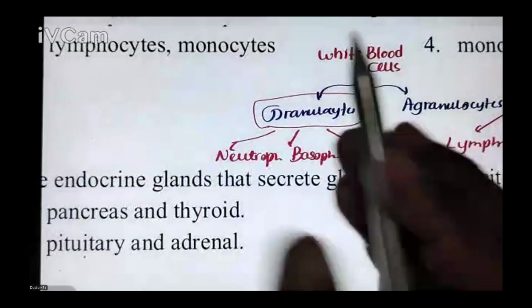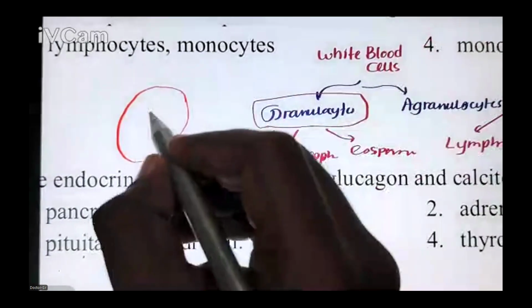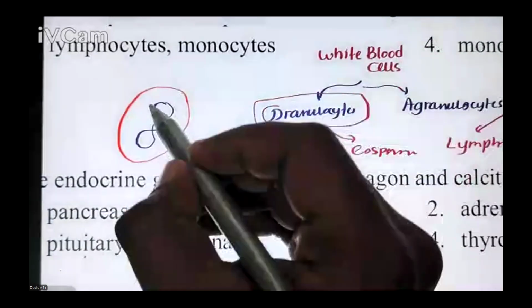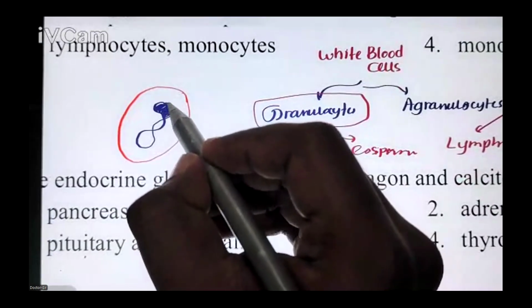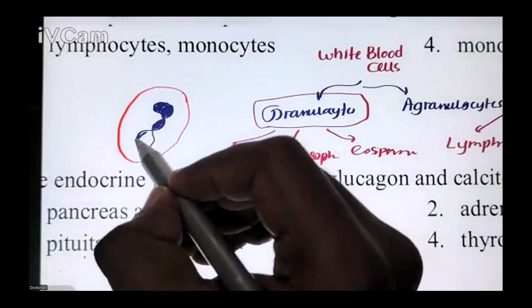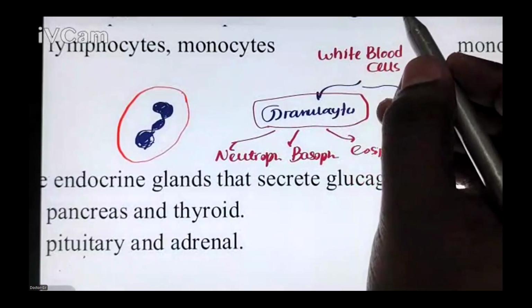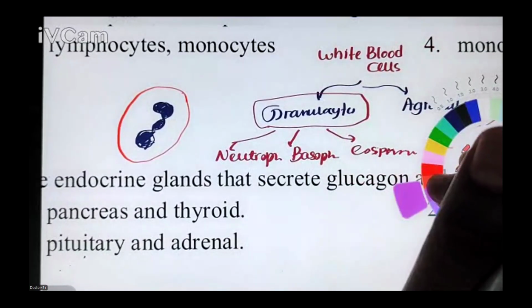What are they? So neutrophil, if I draw the cell, it has a nucleus, especially divided into three, four, five parts. Then it has small granules, which I will show you in orange color.